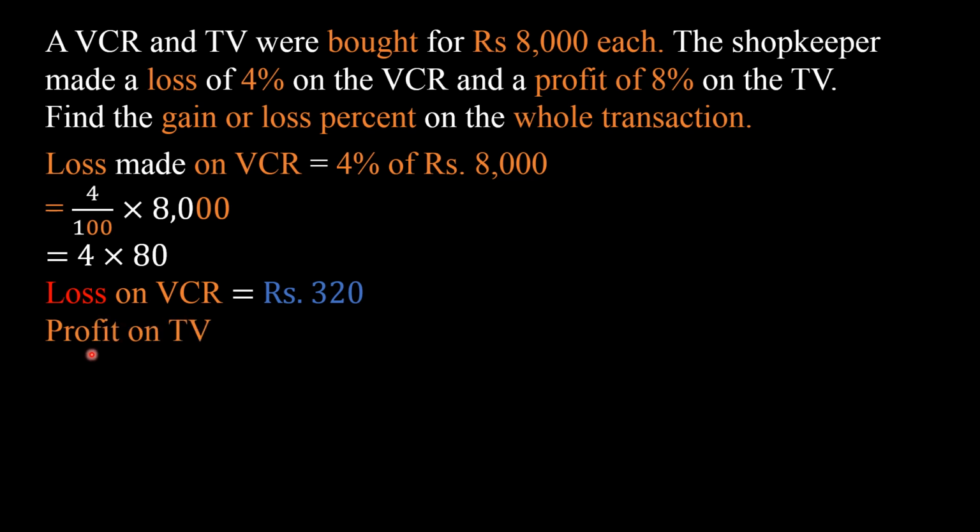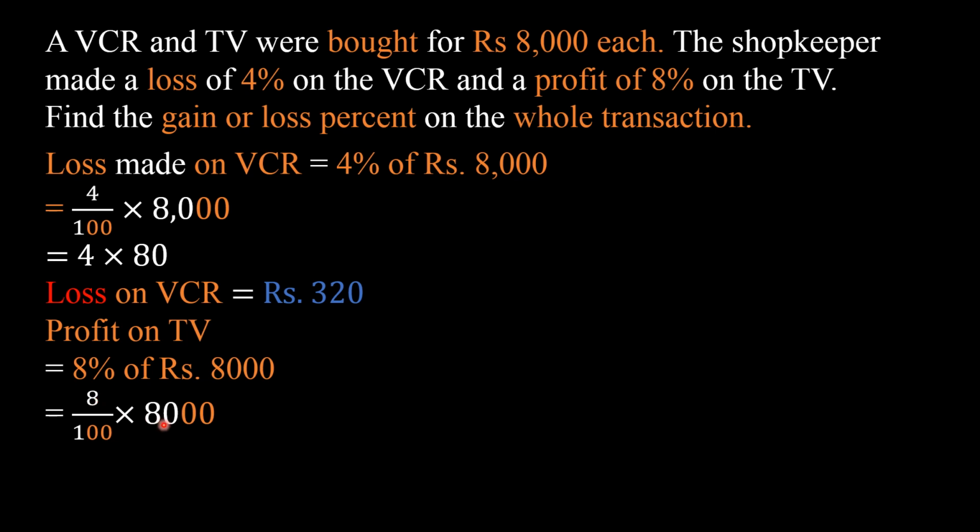Now, profit on TV is 8% of rupees 8,000, because the cost price of TV is 8,000 and 8% profit has been made on TV. So it will be 8 divided by 100 multiplied by 8,000. These two zeros will get cancelled with these two zeros.